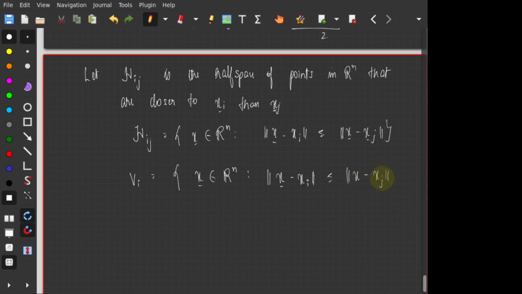So this is for a specific j, right? And vi is the set of all points which are closer to xi than any other xj. So in other words, this should happen for every other j. So this is just the intersection of all the hij. Since there are only finitely many of them, the resulting set is going to be a polyhedron.